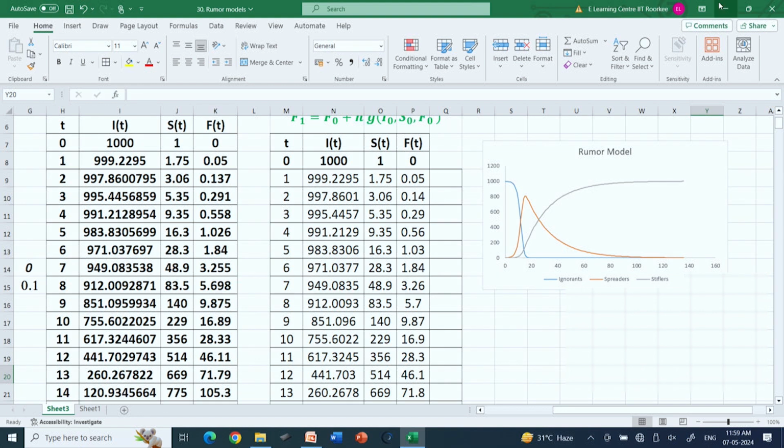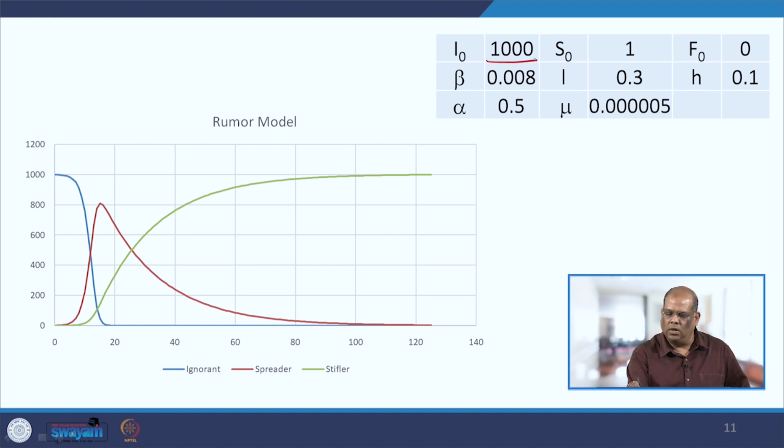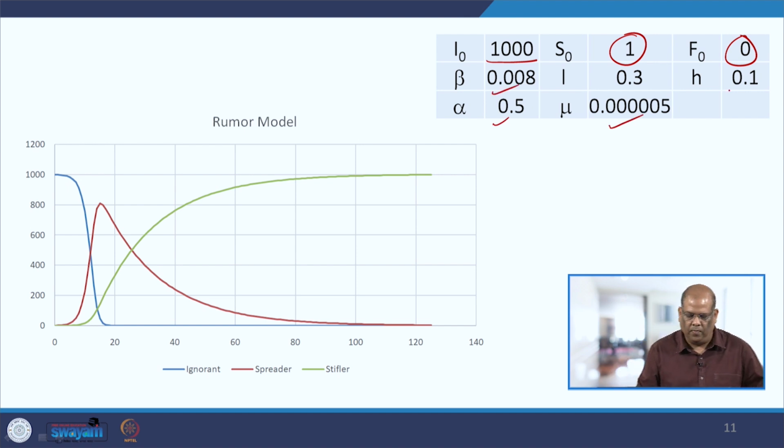Let's move back to the explanation of this graph. So I've already copied and pasted the graph here, and the initial values: the ignorants are 1000, the spreader is 1, the Stifler is 0. These are the parameters of alpha, beta, and h. So what does this graph tell?